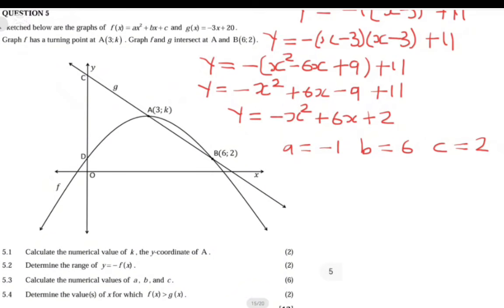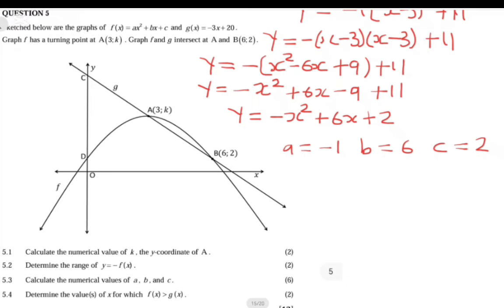The last question, they're saying determine the values, which means it's not one value, the values of x where f of x is greater than g of x. I want to show you a little technique on how to tackle this question.